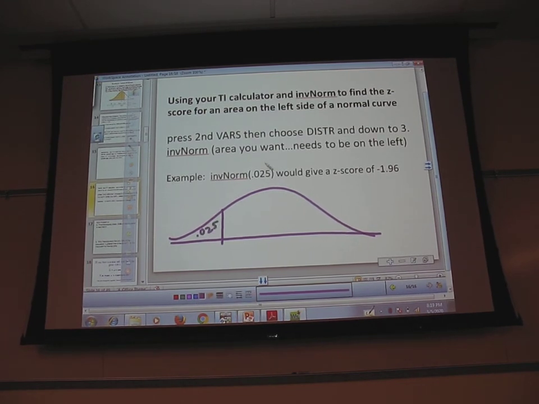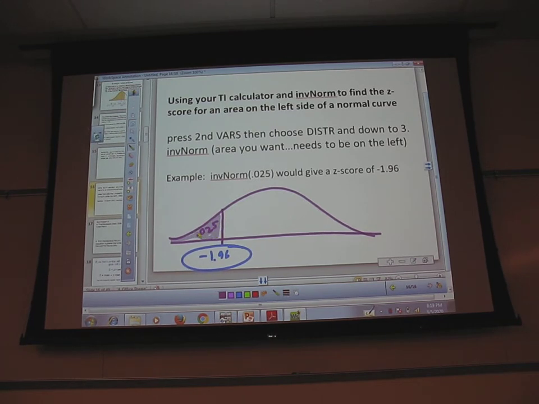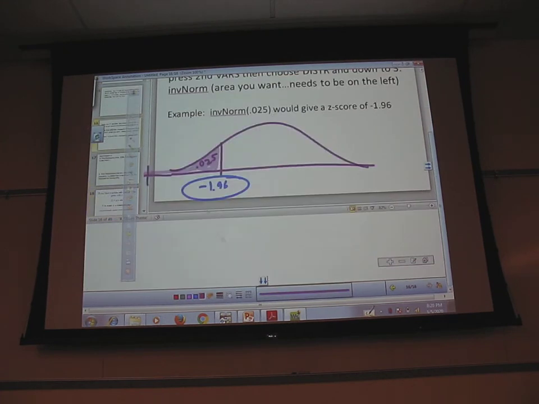If I do inverse norm of 0.025, it will tell me what that z-score is. In this case, it's negative 1.96, which means that if I were to do normal CDF, what would I feed it? I would feed it, I want this area. If I do normal CDF, this is negative infinity.